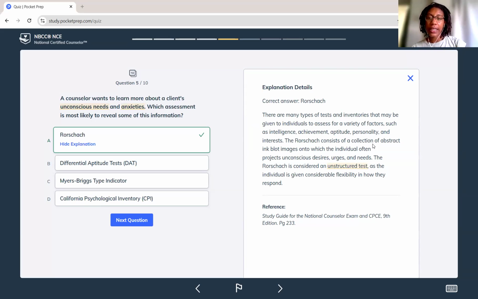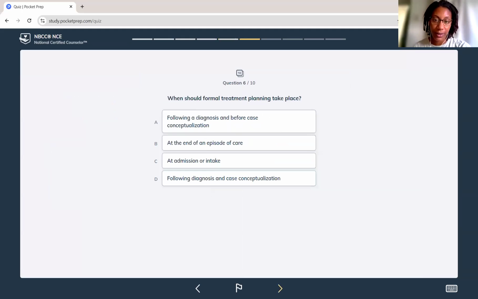So really understanding the quality of your study, not just getting through the quantity of questions. We also talked about how there are references at the bottom, thanks to Pocket Prep, to learn more about this information further. If you don't already have your study materials with you, you can refer to these study materials as well. So we're going to keep going to the second half of our questions.